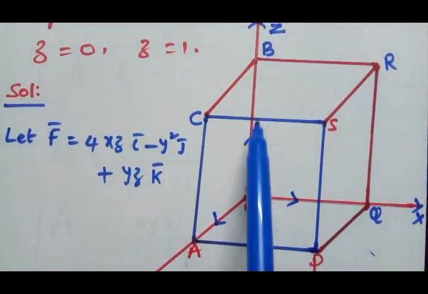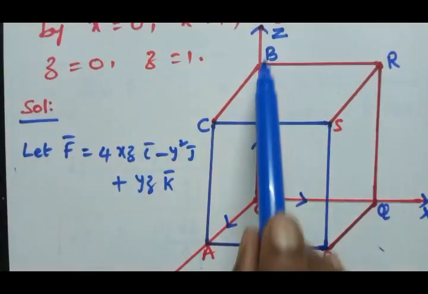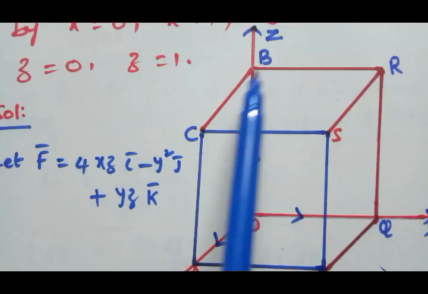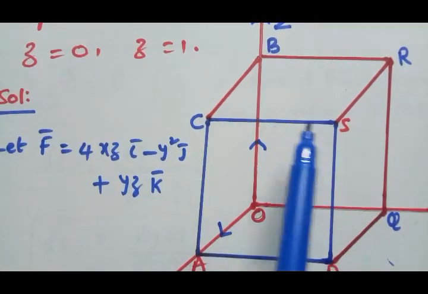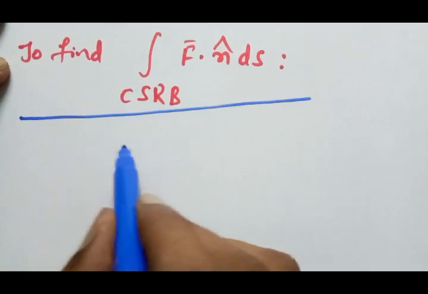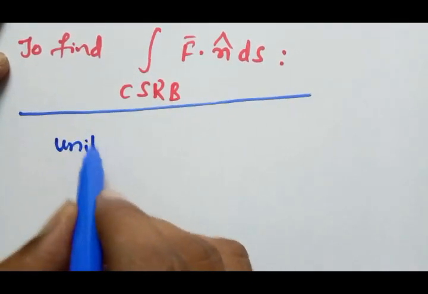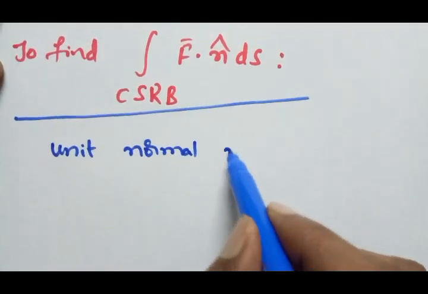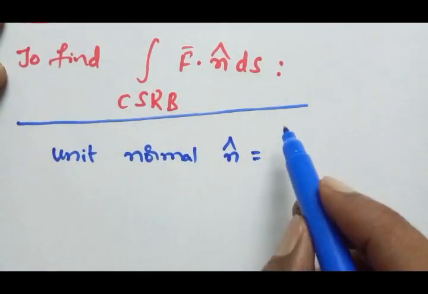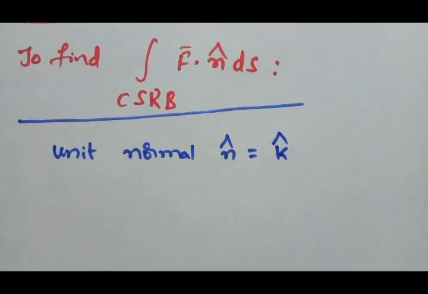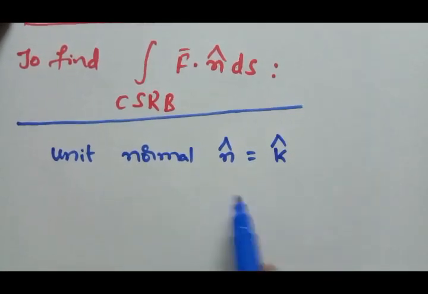So the perpendicular axis is the z-axis. This is a square face, not rectangular. Unit normal vector n cap is equal to k cap since the z-axis is perpendicular to this face.